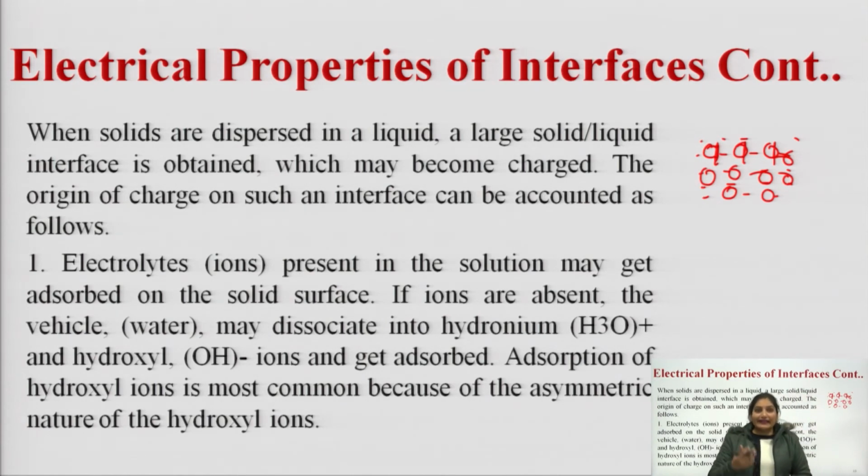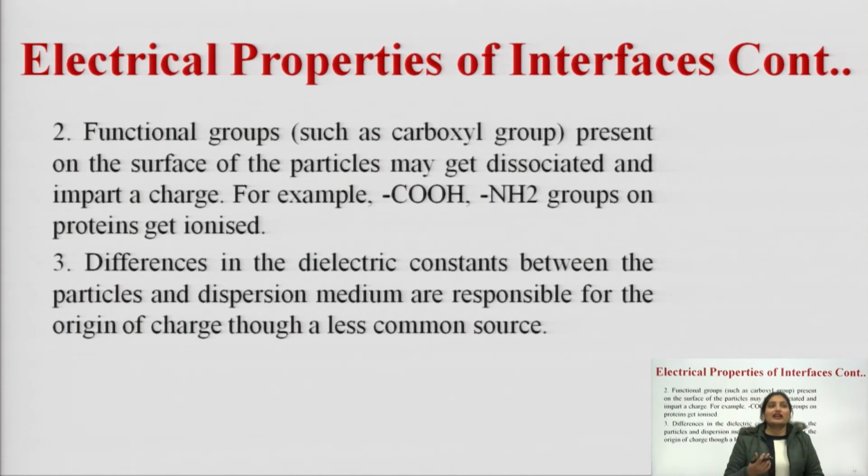The second reason for the origin of charge can be the presence of functional groups. There can be functional groups on the surface of the particles and they get dissociated and impart a charge. For example, the carboxyl ion, or the amine group in the protein, gets ionized and imparts a charge on the solid liquid interface.